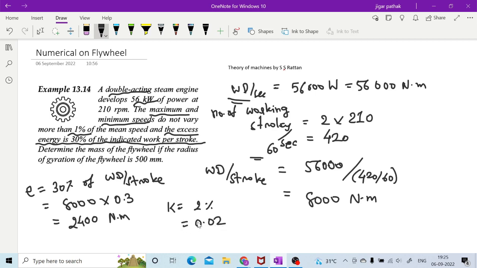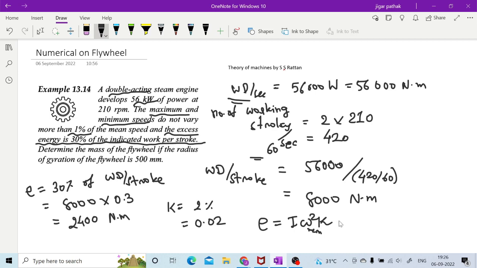So now from this data I guess you will be able to calculate whatever is asked. You have to calculate the mass. So if you write E is equal to I omega square K, this omega is the mean always.